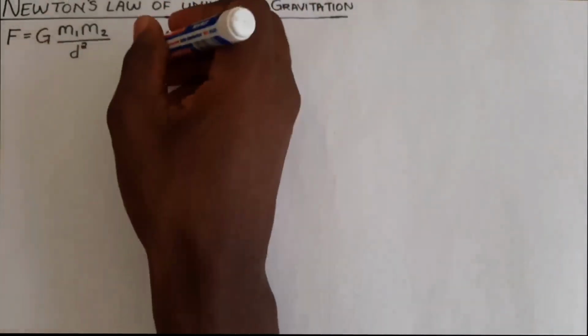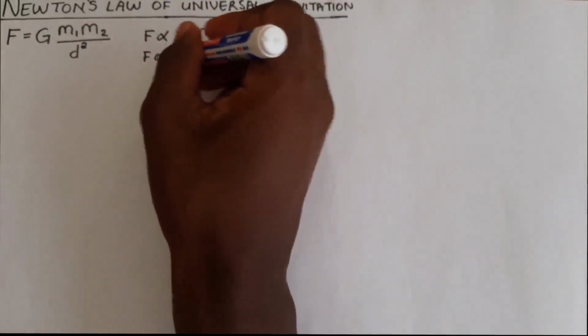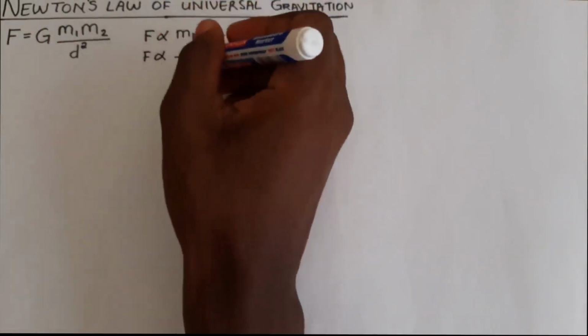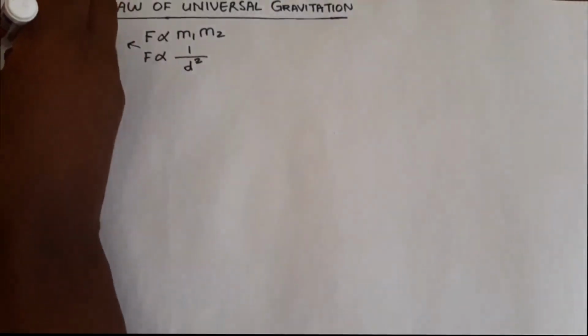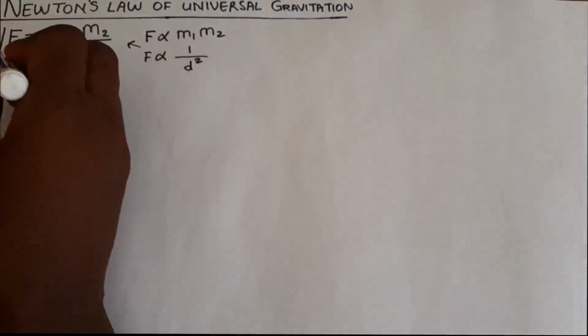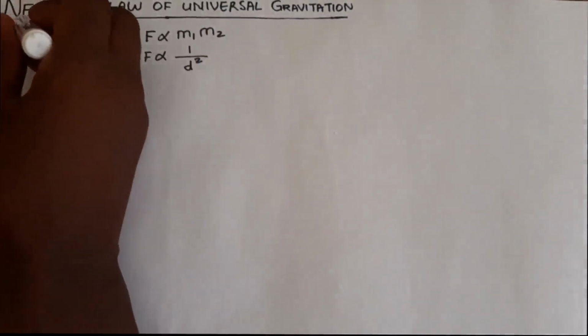And this force is inversely proportional to the square of the distance between these two objects. That's how we received our gravitational formula.